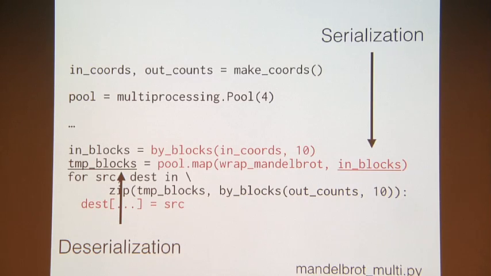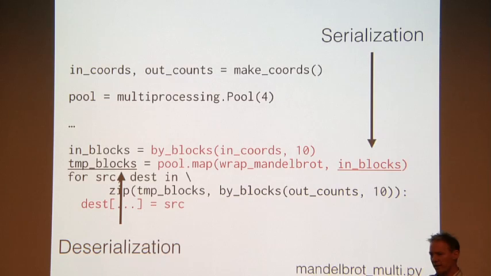I send those out, and then I receive them after the map finishes. The driver, this program, takes the array block, a 400 by 400 set of complex values, and serializes it. So it turns it into a byte string, saying here's an array, it has these values in it. Communicates that to the worker here.